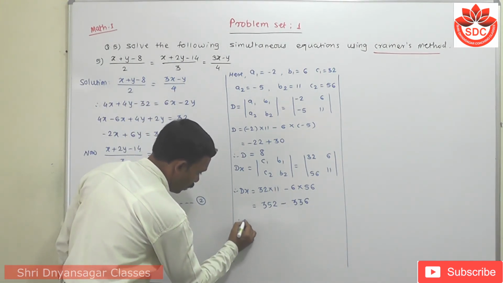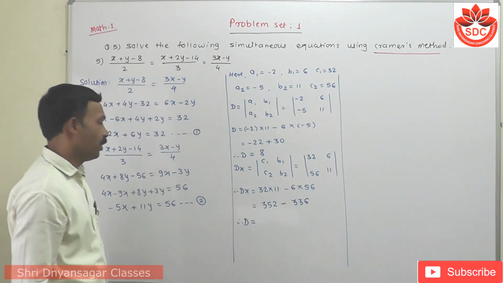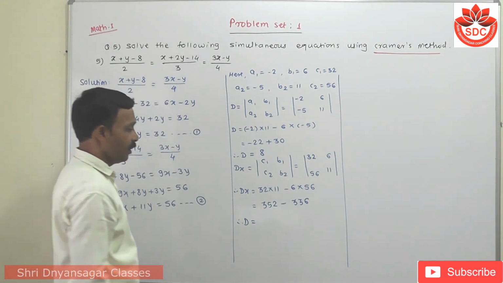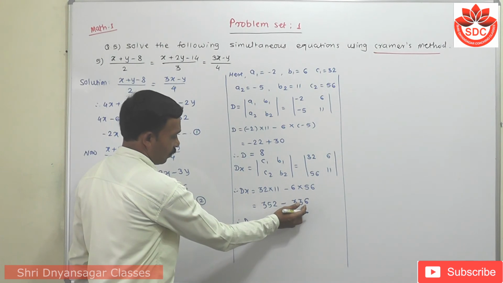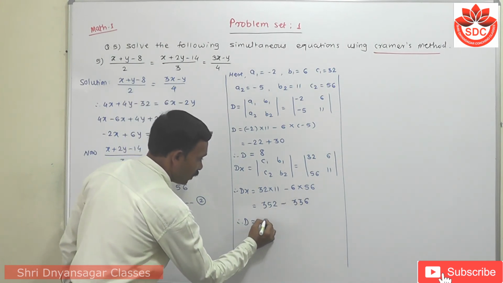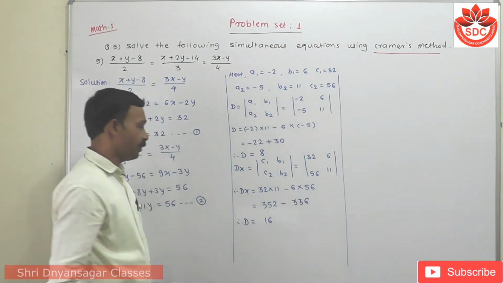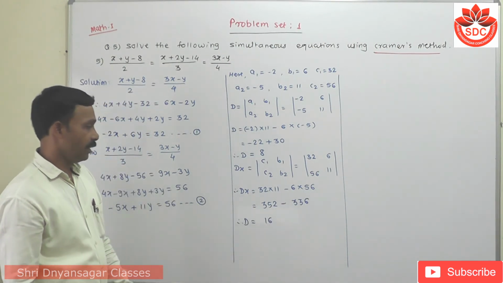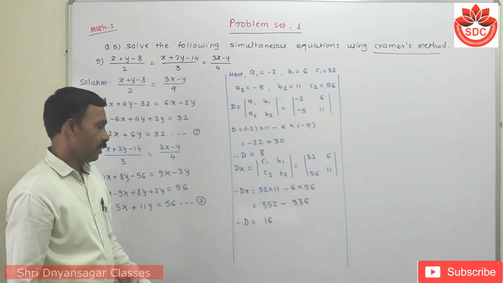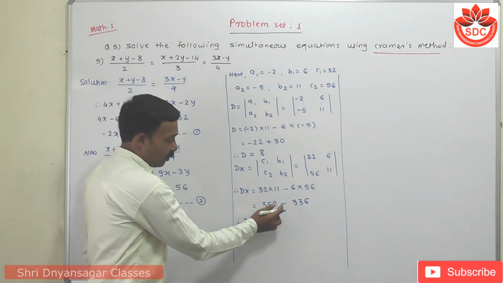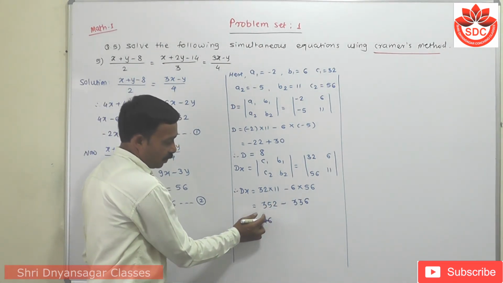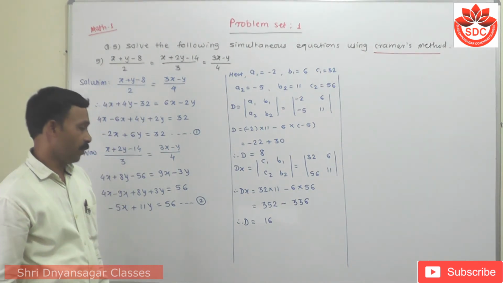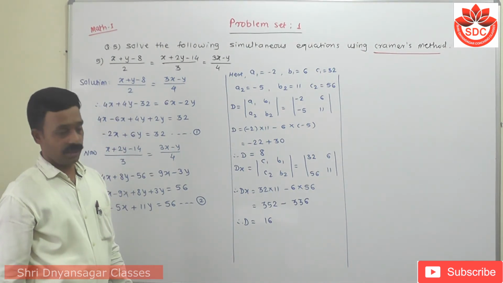Therefore, Dx is equal to, I have to directly take its subtraction. From this 352, we have to subtract 336. We get 16. The bigger number is 352, so give the sign of the bigger number. Means that the value of determinant Dx is 16.